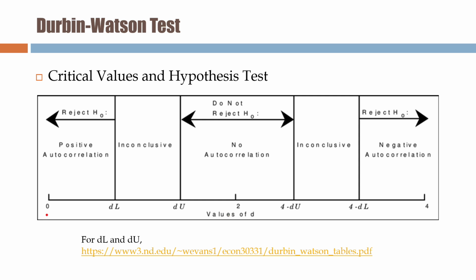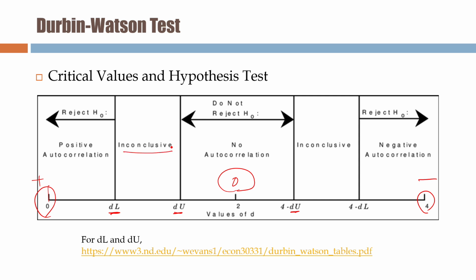In the DW test, 0 is a perfect positive, and 4 is a perfect negative, and we want no autocorrelation, so it should be close to the number 2. But there is an upper limit and a lower limit, du and dl, and using these we can create the areas.